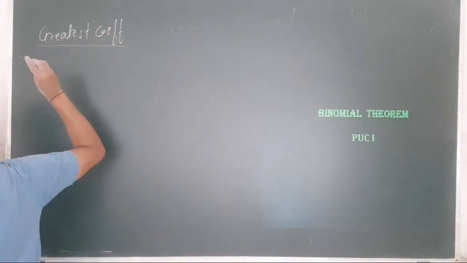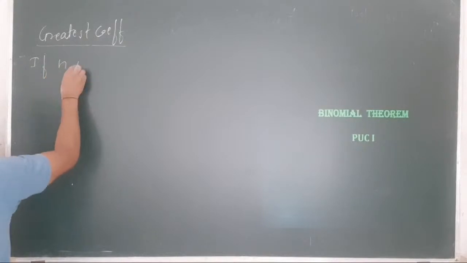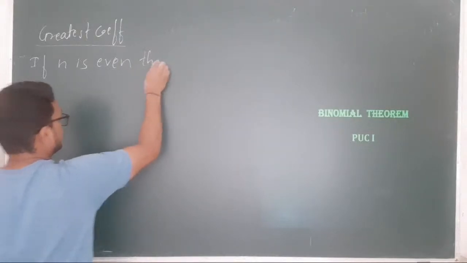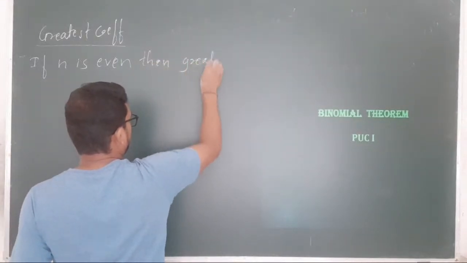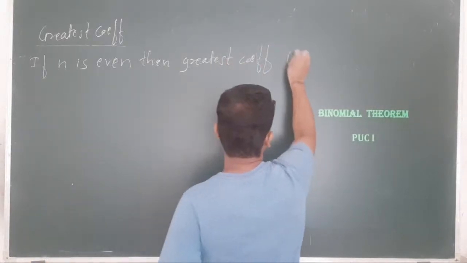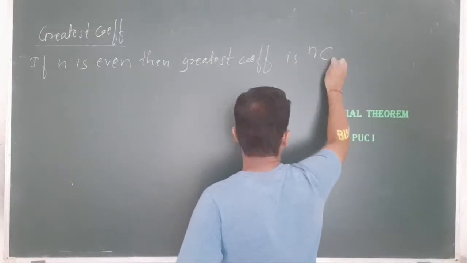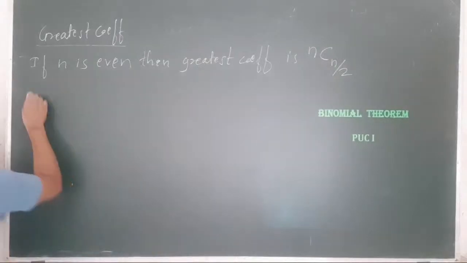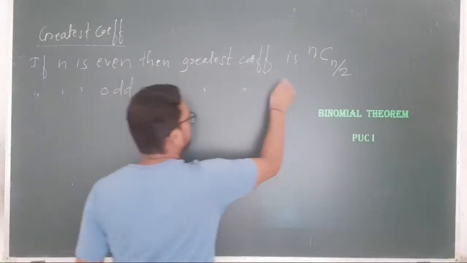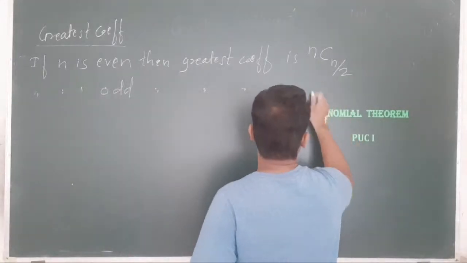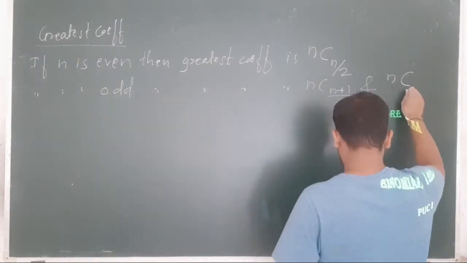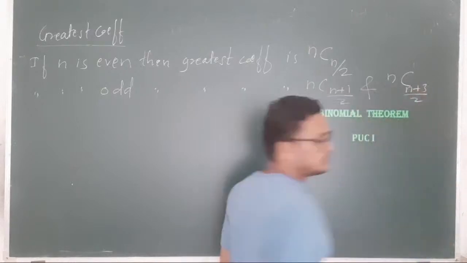So in this greatest coefficient, if n is even, then greatest coefficient is NC n by 2. Okay, if n is odd, then greatest coefficient is NC n plus 1 by 2 and NC n plus 3 by 2.